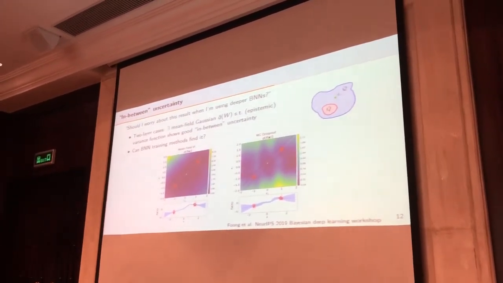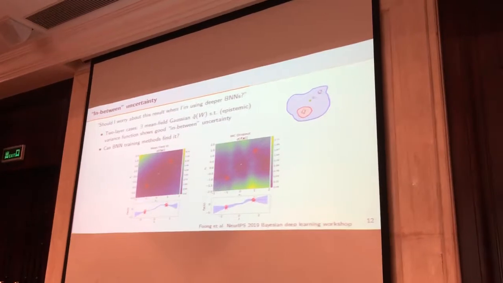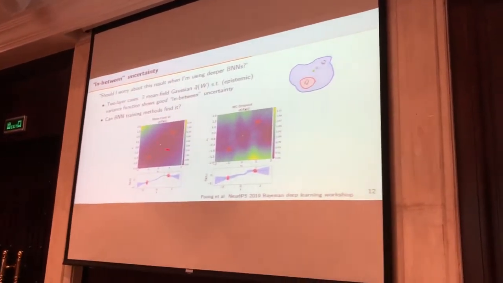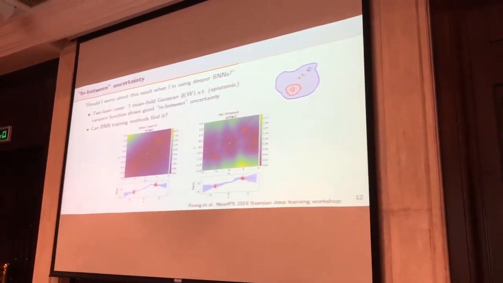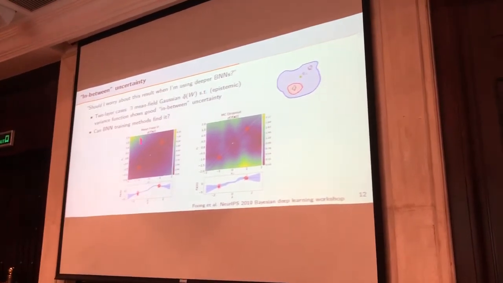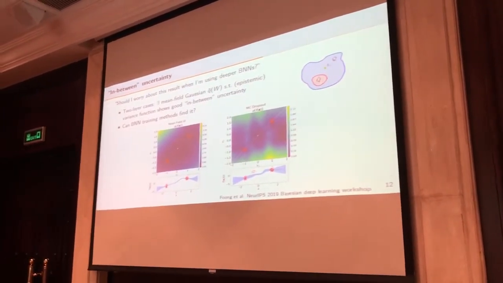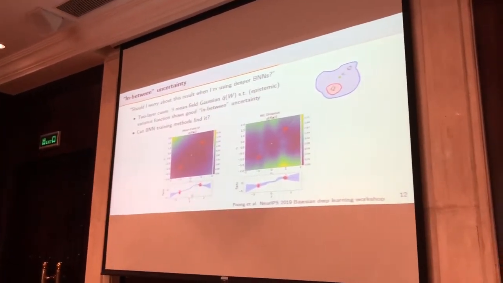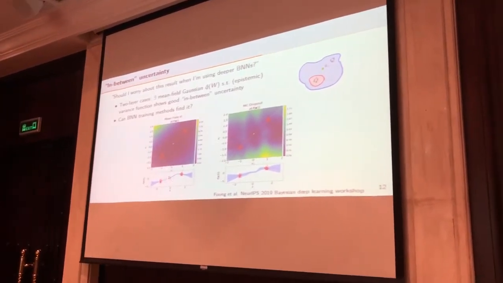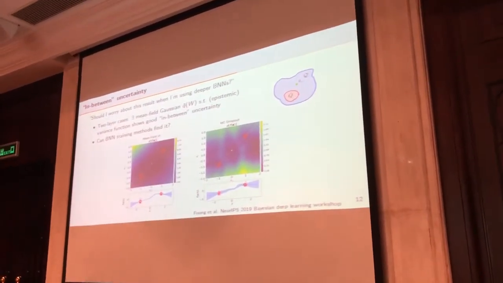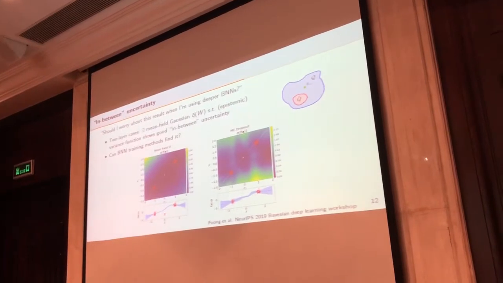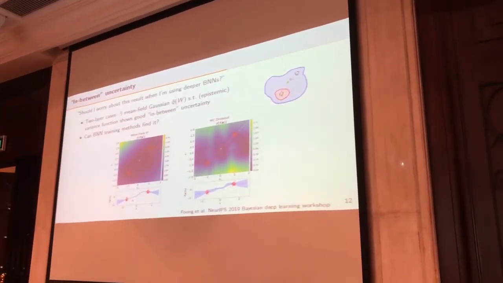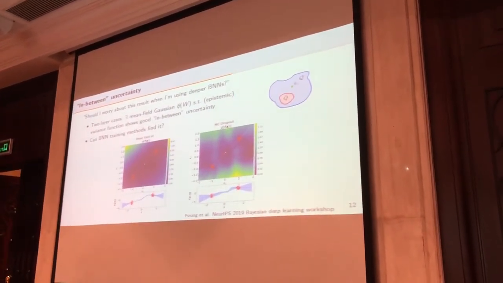So we decided to do some empirical verification. This is the same experiment again, but with 3 hidden layers. The result shows that you get something better, but you still have problems representing the in-between uncertainty, because it is not some relatively high uncertainty in between. It's still relatively low.